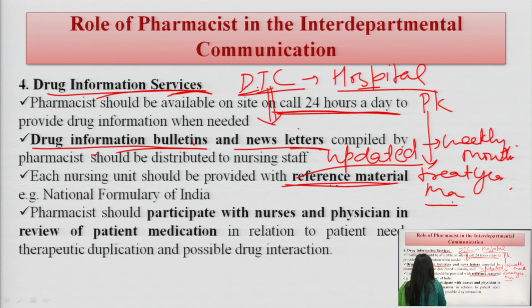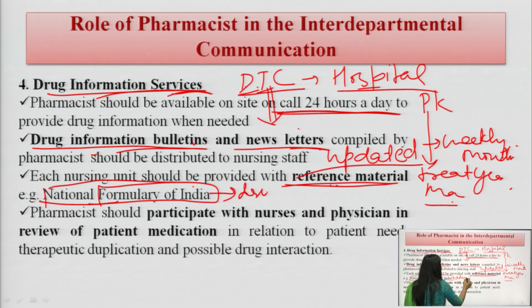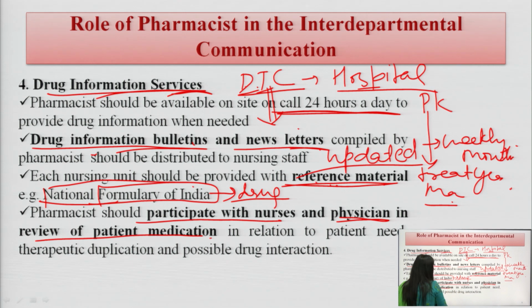These reference materials could be the National Formulary of India. In this, there is a listing of drugs, and it acts as a reference material provided by the pharmacists to the nursing stations. Pharmacists also participate with nurses and physicians in the review of patient medication. So in patient medication, pharmacists are also working.